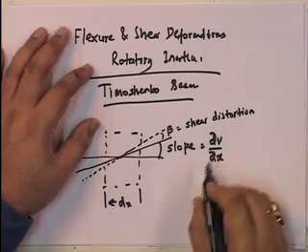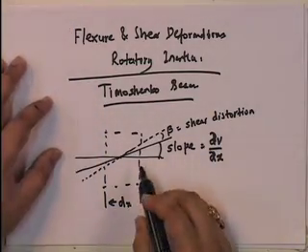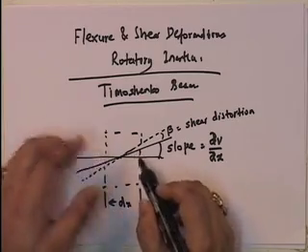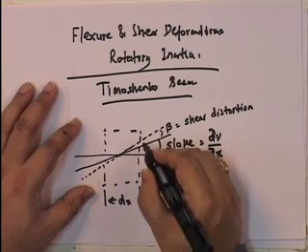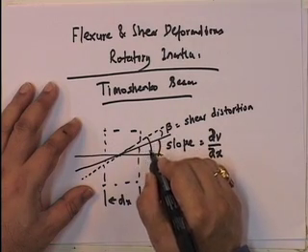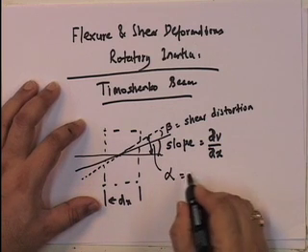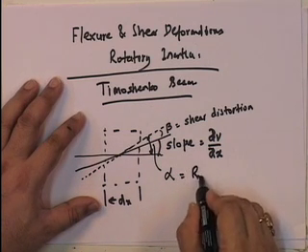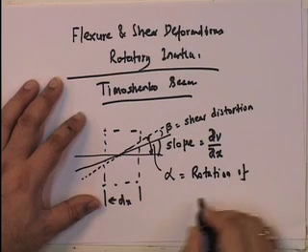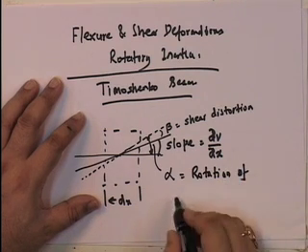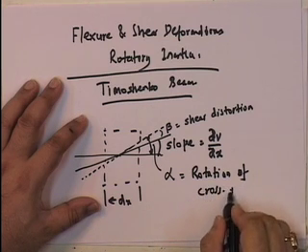This is the distortion of the element. And note that if you look at this motion relative to this motion, these two together give alpha, which is the rotation of the cross section.